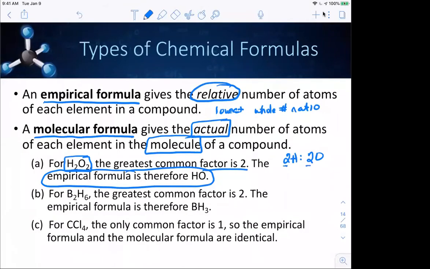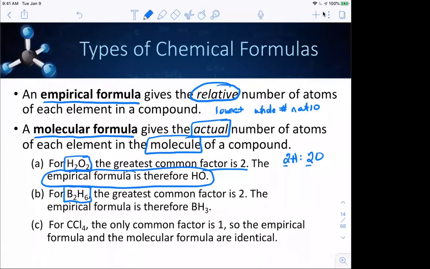So it's a 2 to 2 ratio that actually occurs. The actual molecular formula is H2O2. But because the greatest common factor in those subscripts is 2, the empirical formula is simply 1 H to 1 O, or HO.